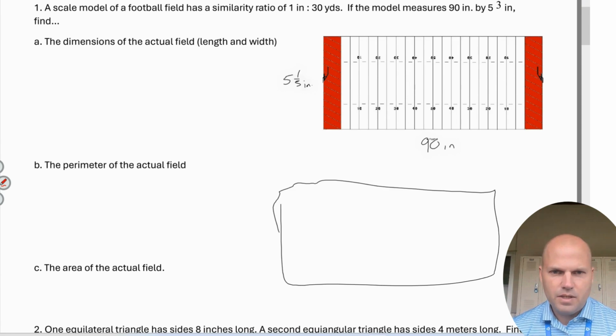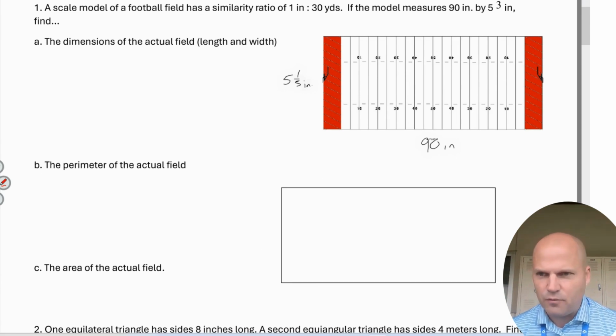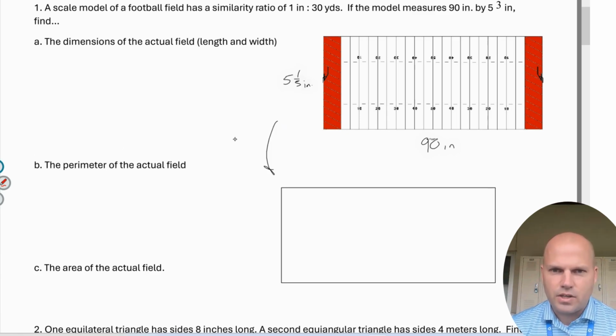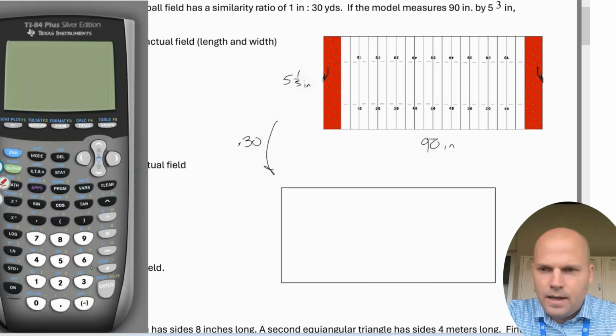This is maybe the idea of our bigger football field, though it doesn't look bigger. And we can see that the ratio is like 1 inch to 30 yards. So I'm going to take my inches and multiply it by 30 to get my yards. And if you have a calculator, you could do that. And this will allow us to be able to check all of our work, to have all the dimensions that we need.